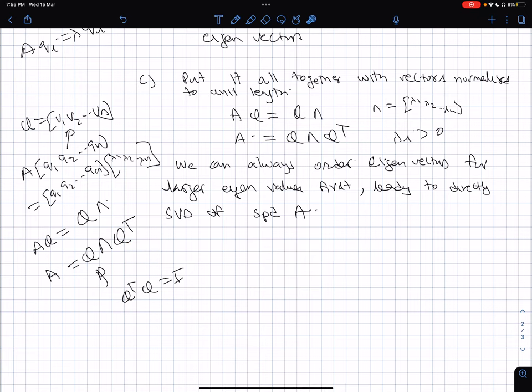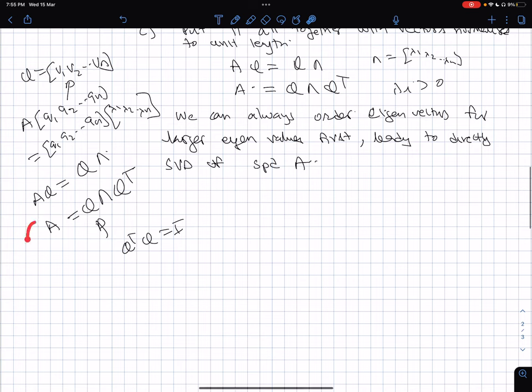What we have said is that there is an orthogonal basis of eigenvectors for Rn itself. This is also the orthogonal basis for Rn, because we have n linearly independent orthogonal eigenvectors for A, and this becomes also your SVD of A.